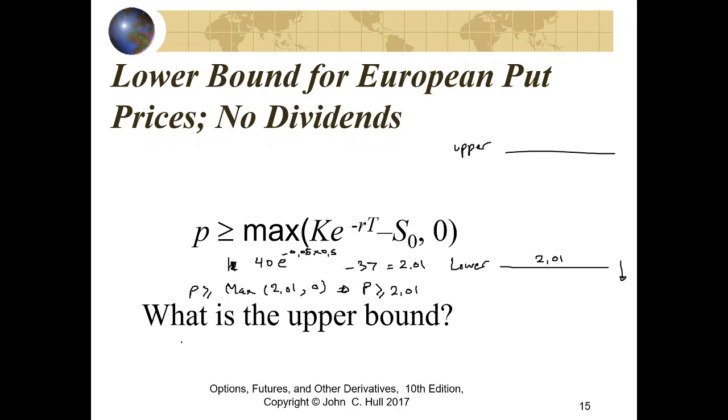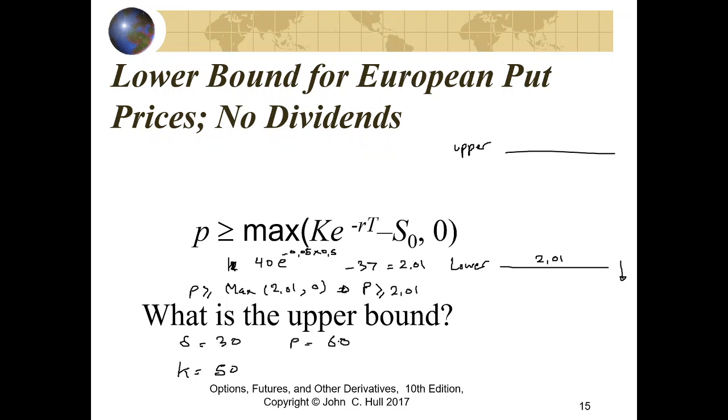Well, again, let's take a quick example. Let's say S is equal to 30, K is equal to 50, and the price of the European put option is equal to 60. Do these numbers look right? I'll give you a second to reflect.